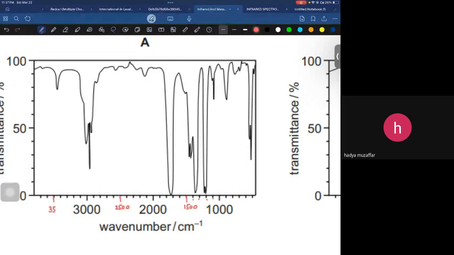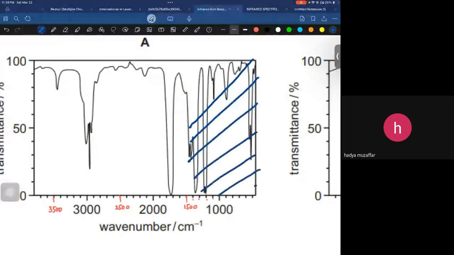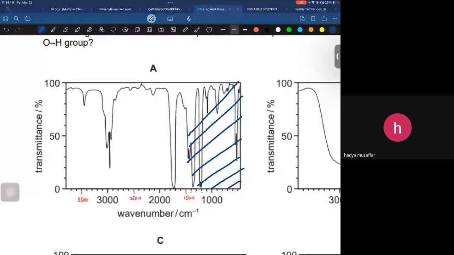This is the fingerprint region, so I'm not going to see it. I'm going to consider this peak.